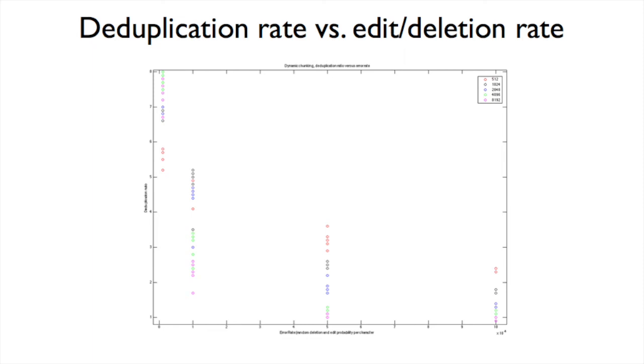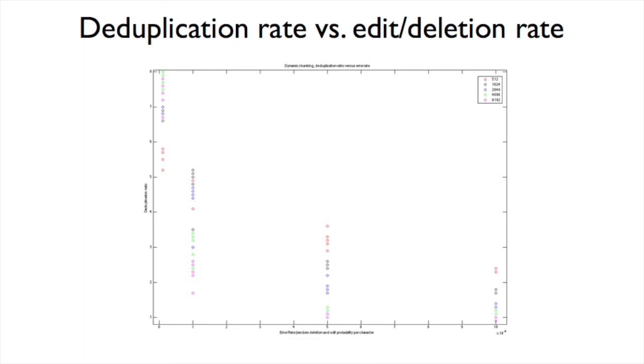And as you can see, the different chunk sizes we tested are in different colors. The red is the half a kilobyte, all the way up to the pink, which is the 8 kilobytes.